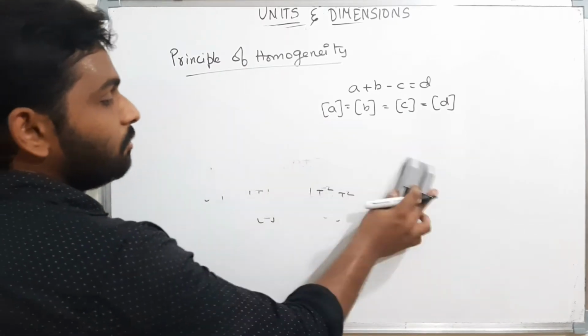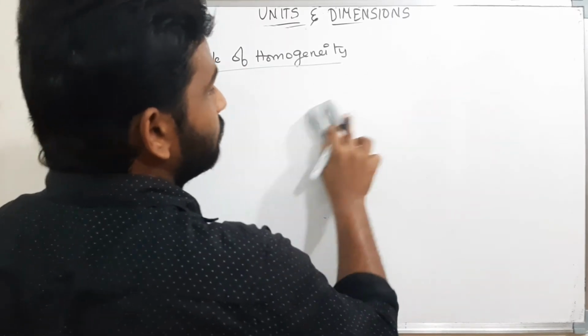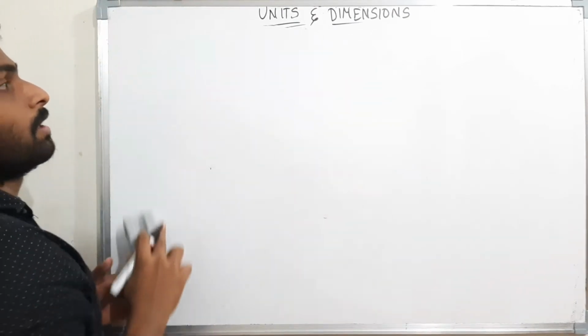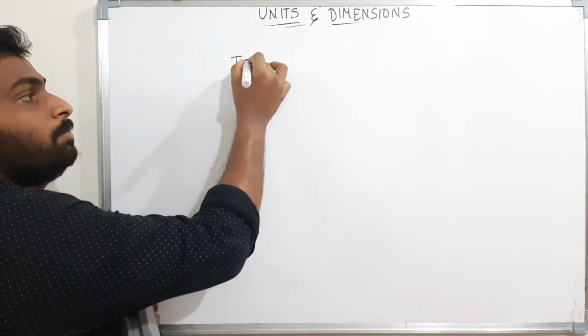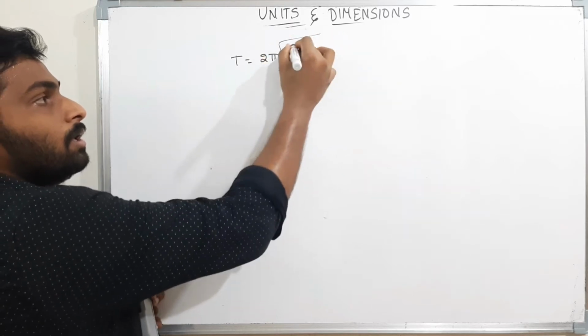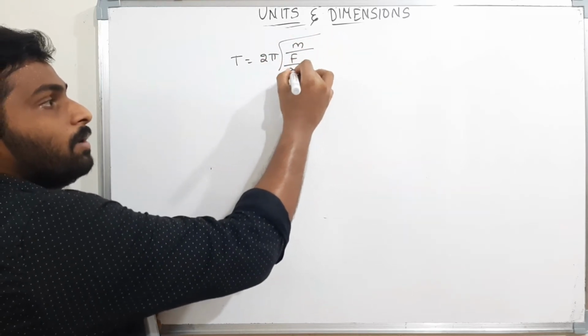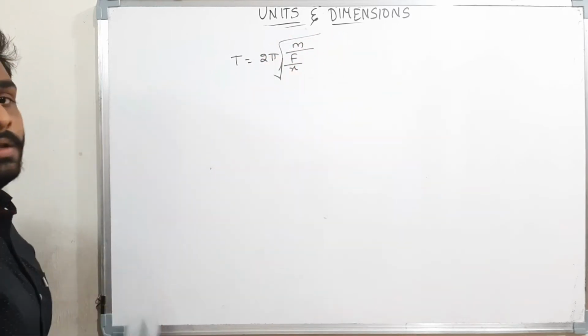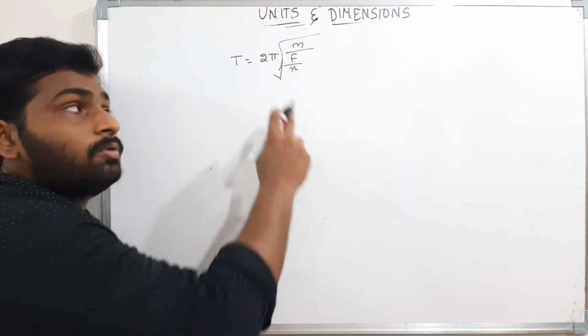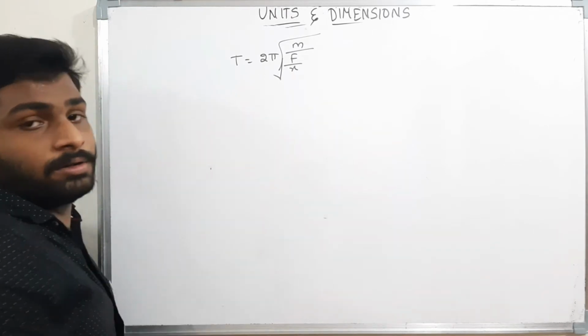Okay, we will see a few examples. Time period is equal to 2 pi root of m by f by x. This is one of the formulas, and we are told to find out whether this is a correct formula or not.